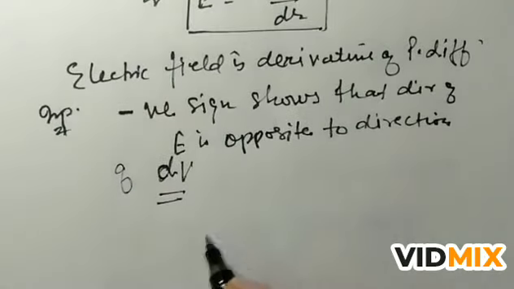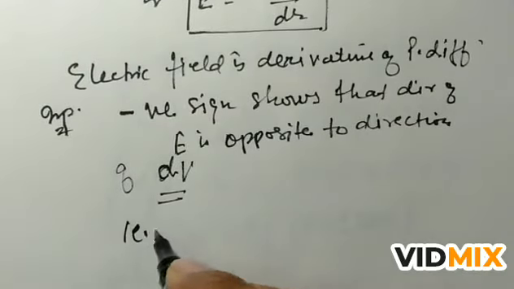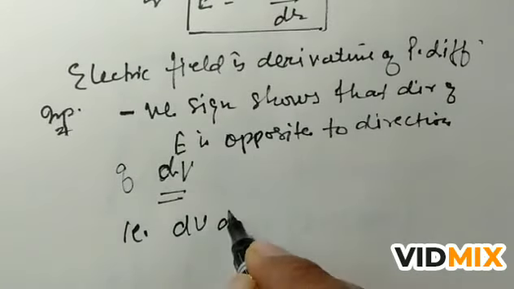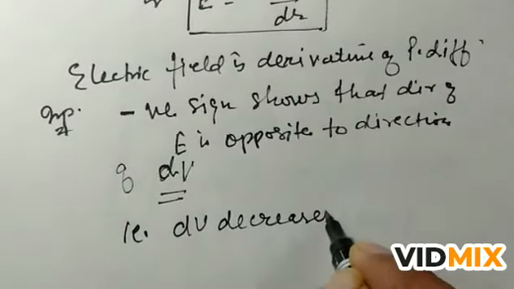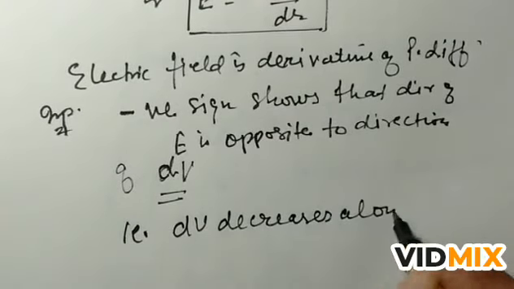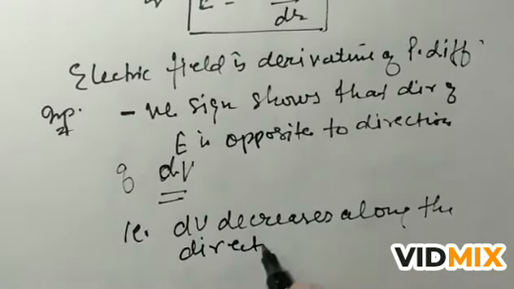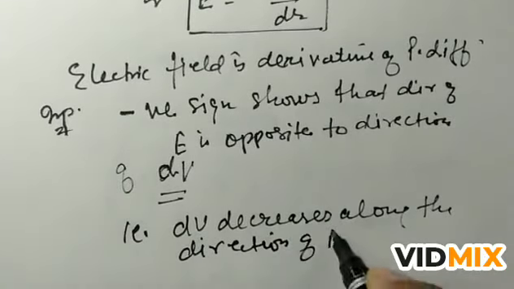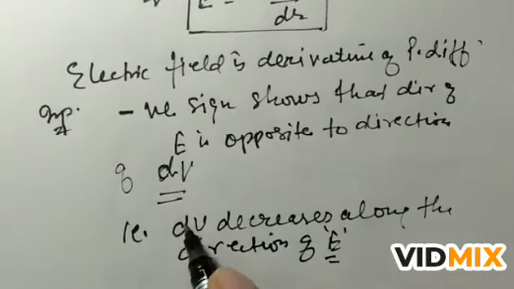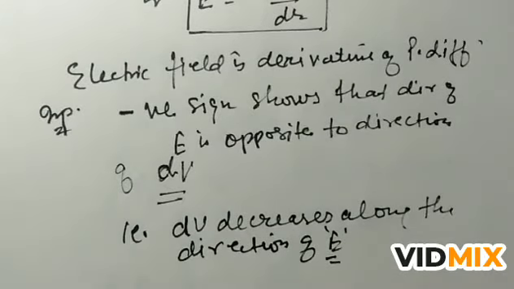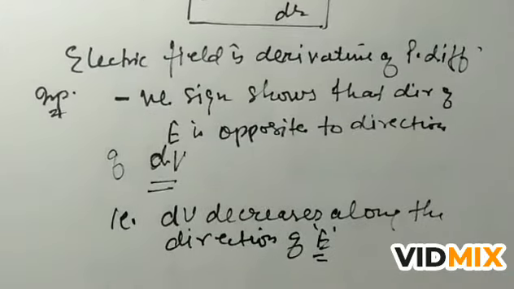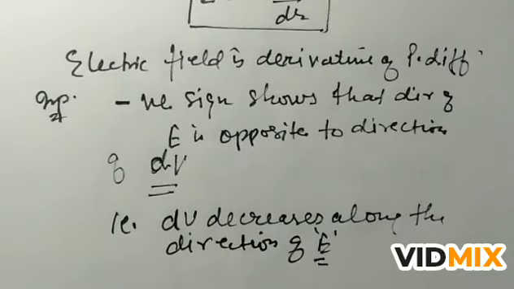So dV decreases along the direction of E. In the direction of E, the dV decreases, or we can say potential decreases in the direction of electric field. So this is a very important derivation, and a very important conclusion also.